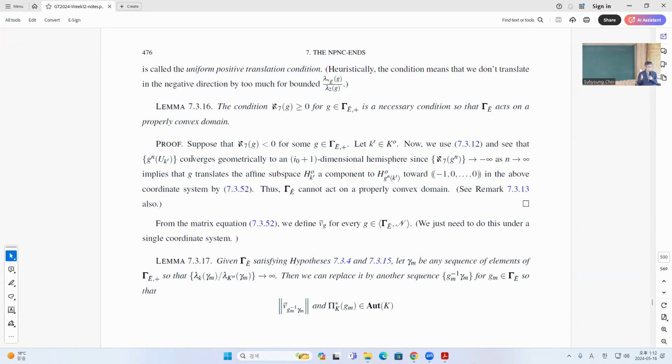So this is the hemisphere corresponding to k prime intersect with u, and this is an ellipsoid.